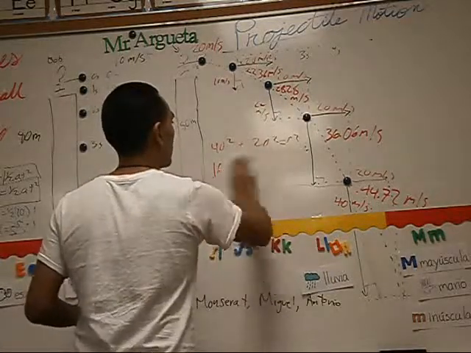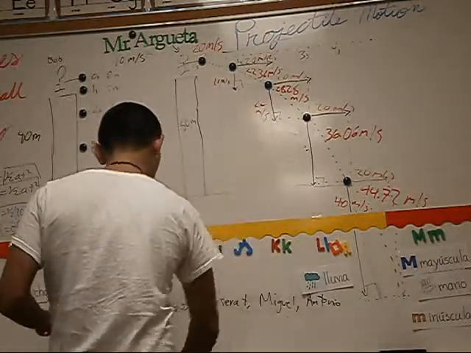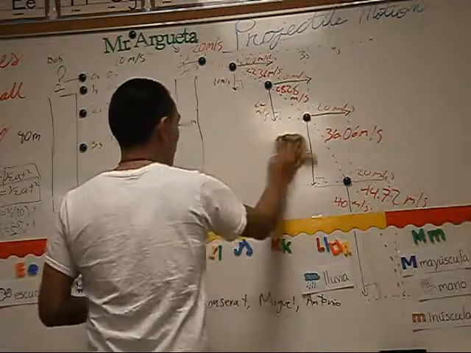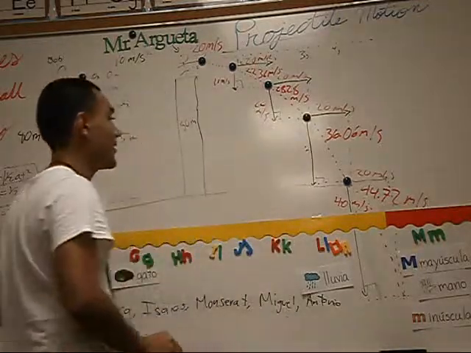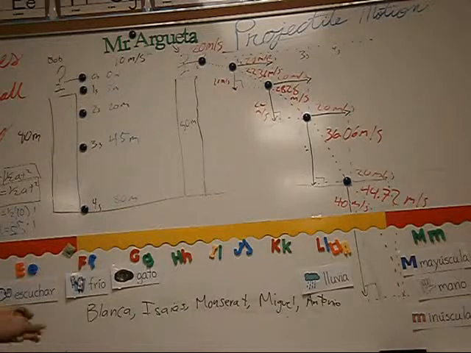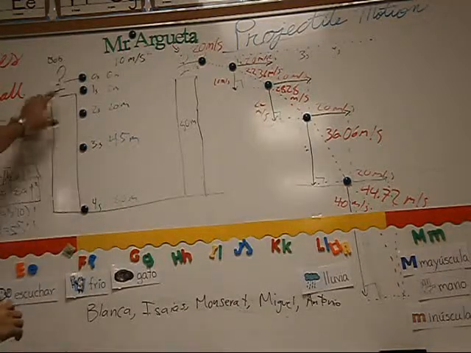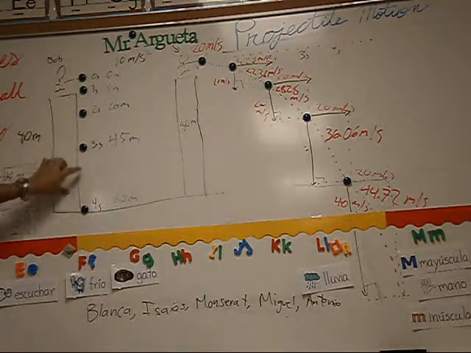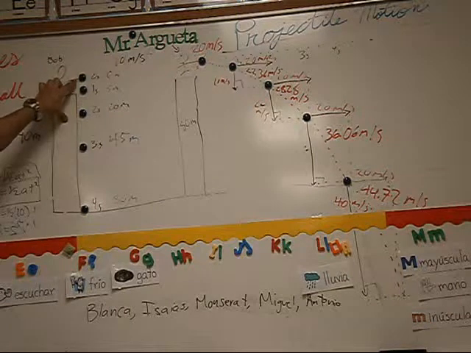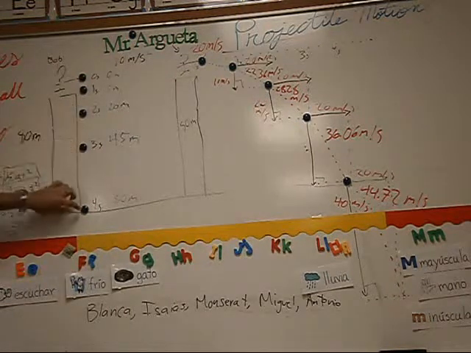Alright. So now we figured out our vertical motion, going up and down, at 0 seconds, 1, 2, 3, and 4.